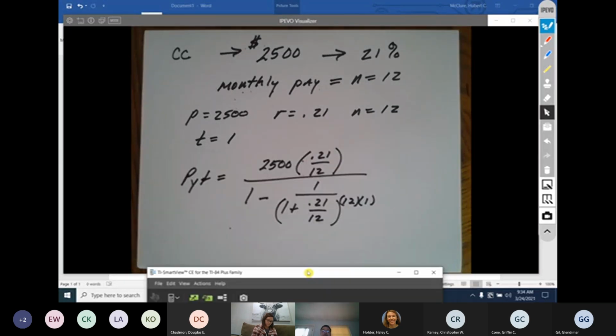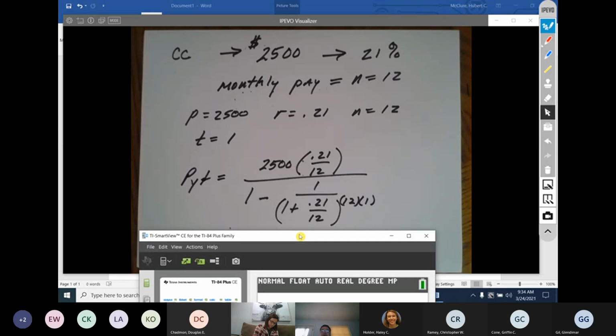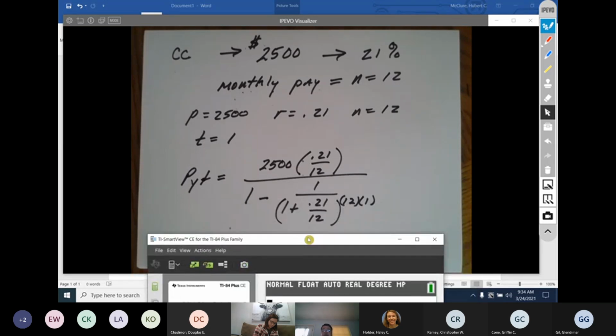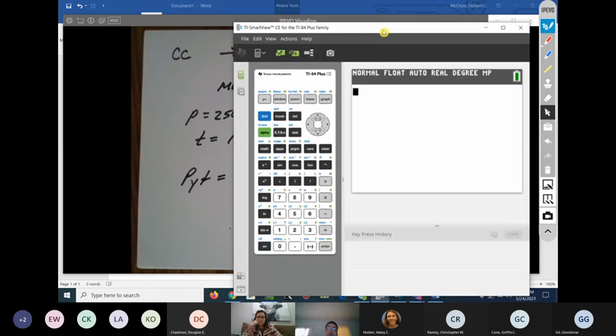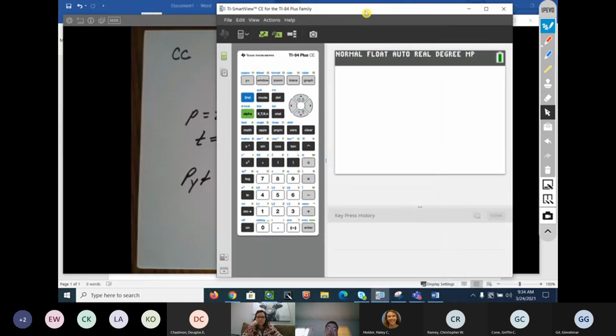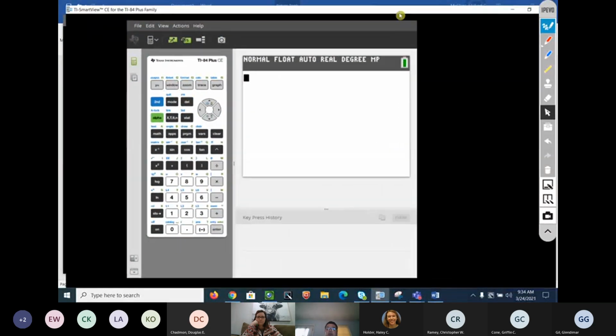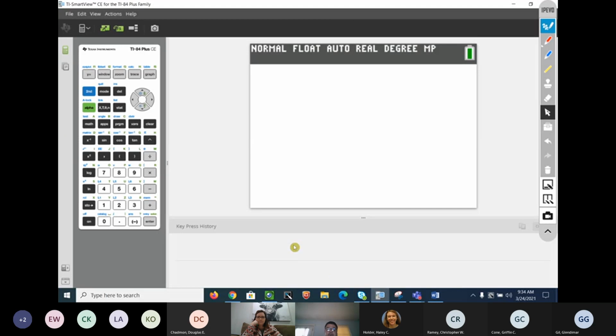Okay, so here's what you're doing. The reason I use that formula is that I don't have a negative exponent. So I'm using this one right here. So let's do it. I'm going to use the stow key on the calculator.